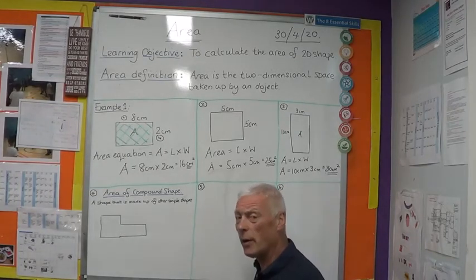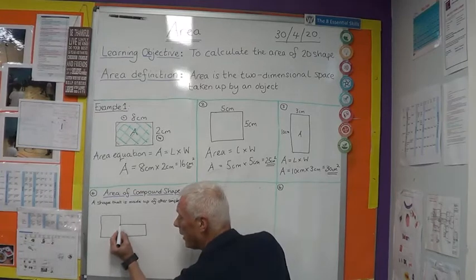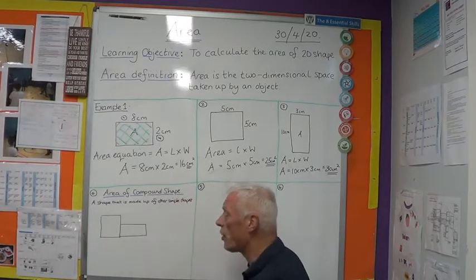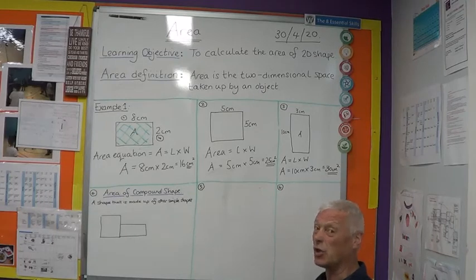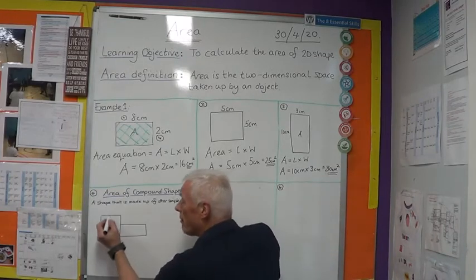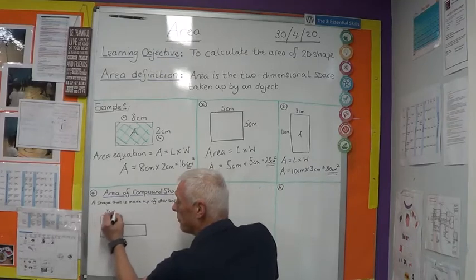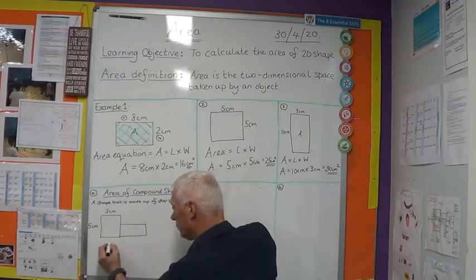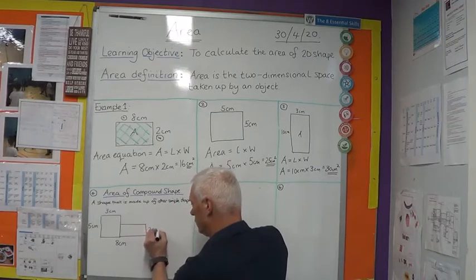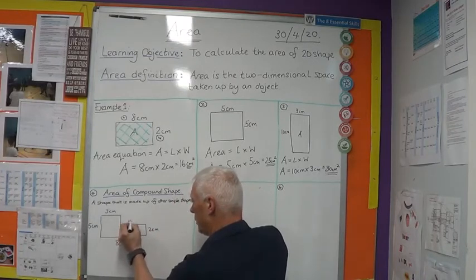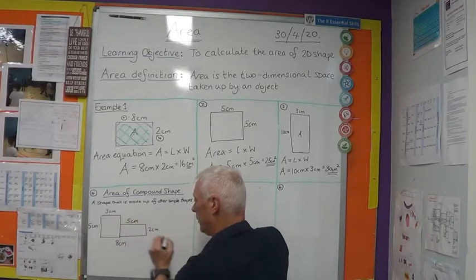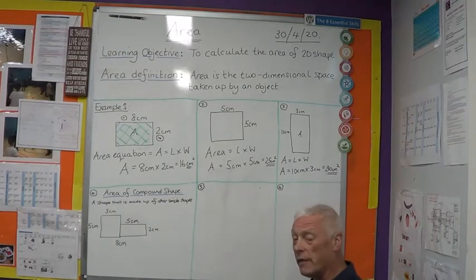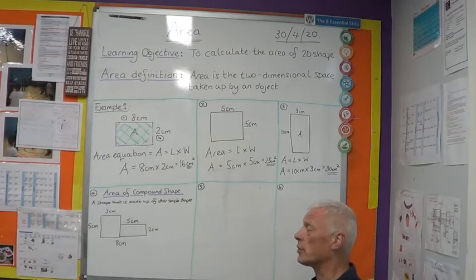If I was to put a line in here to try and split that up into two rectangles, and the measurements that I put on, I'll put that at 5 centimetres. This time what you've got to try and work out is two sums.